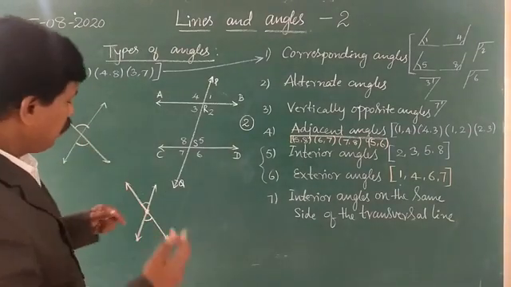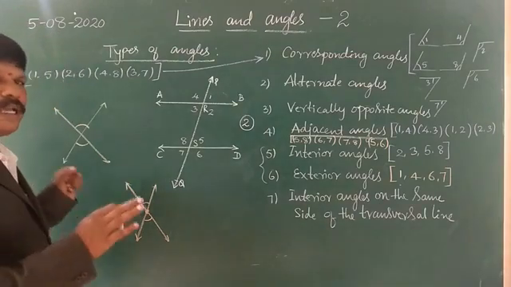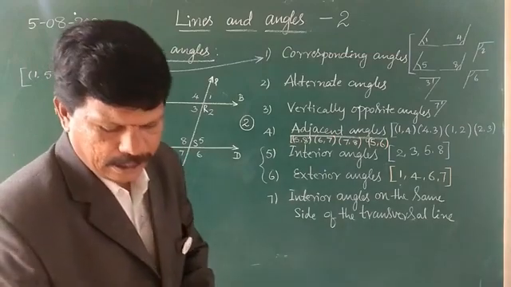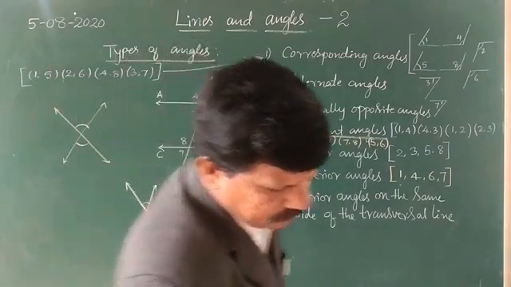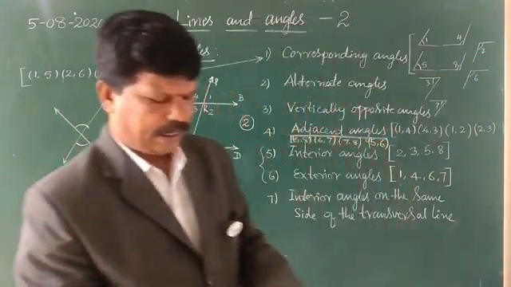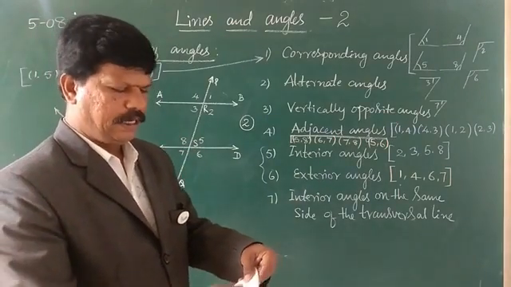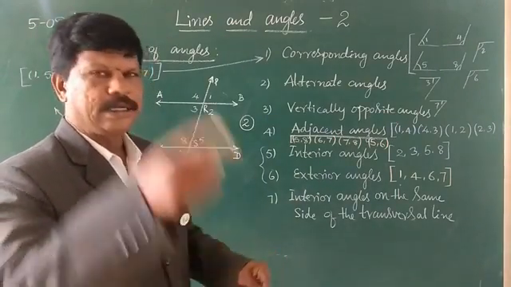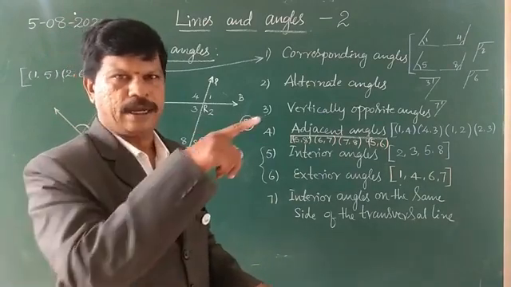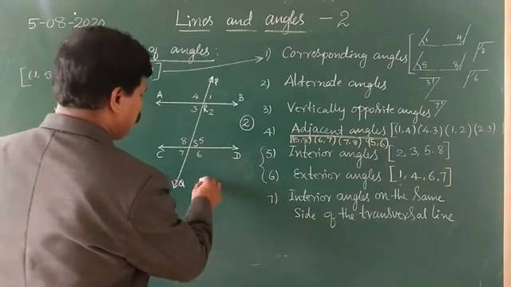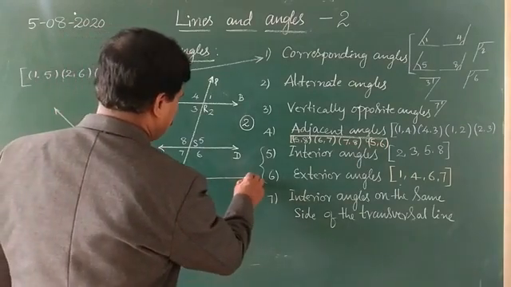So vertically opposite means one and the same. If you fold that, you make an angle like this, the opposite angle. Take a sheet and cut it like a Z shape.